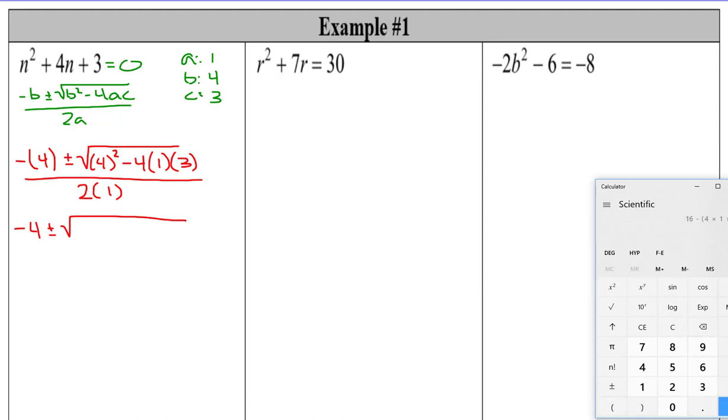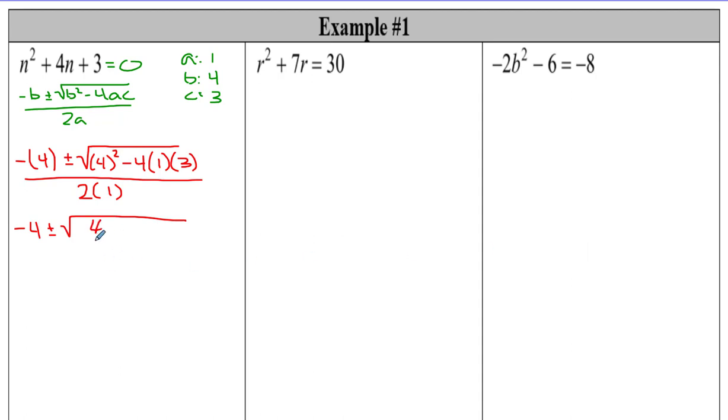So you see I'm going to end up getting a positive 4 right here. Remember, if you only have one minus sign right here, this is all going to be minus some of this piece right here. If we had some negative values, that would be different. And this is all going to go over 2 times 1, which is a positive 2.